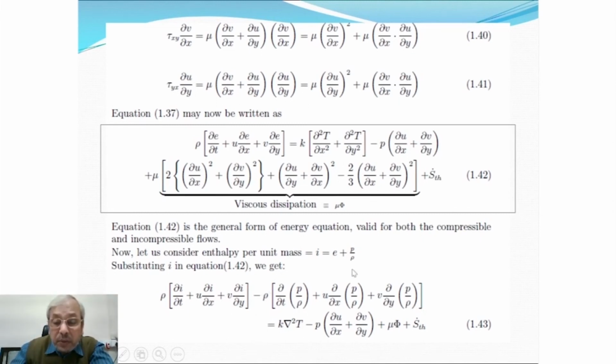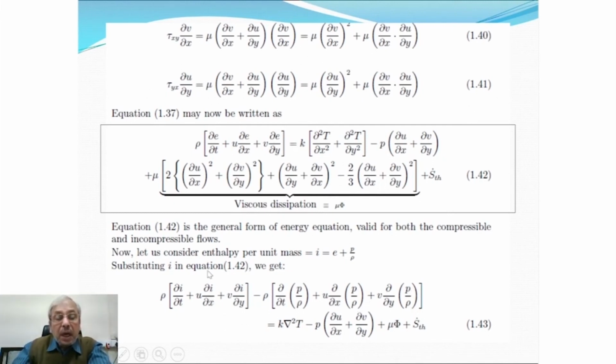Not yet transferred, we have separated, written them separately. So we have written minus rho del del T of, as I said, minus sign is common, P by rho plus U del del X of minus P by rho and V del del Y of P by rho.